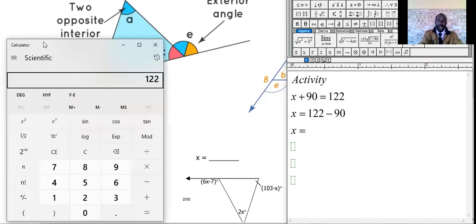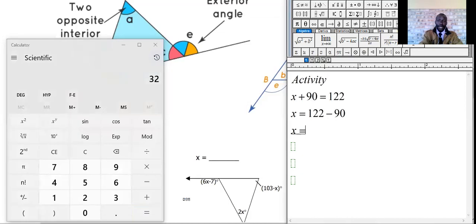We have 122, and from it we are taking away 90. What do we get? We get 32 degrees. So this is the value of X.